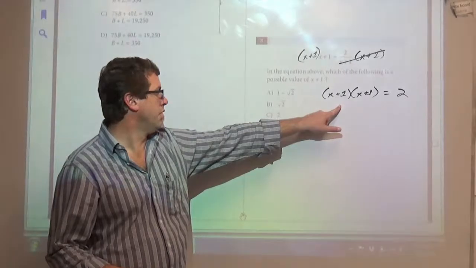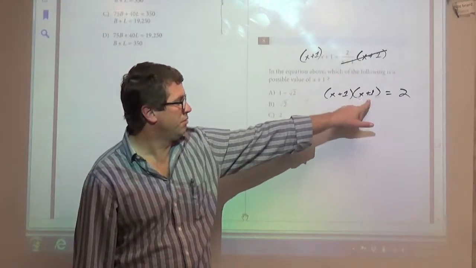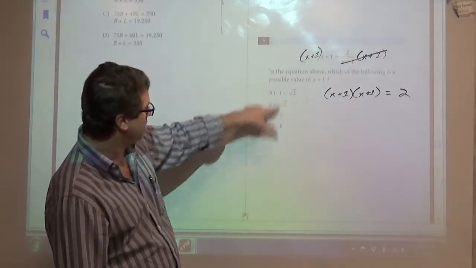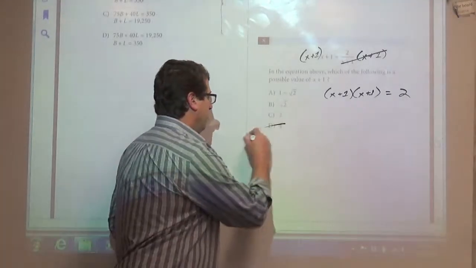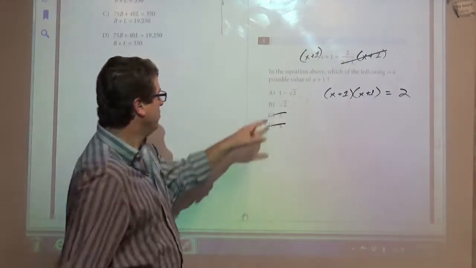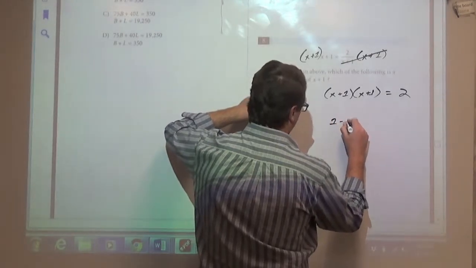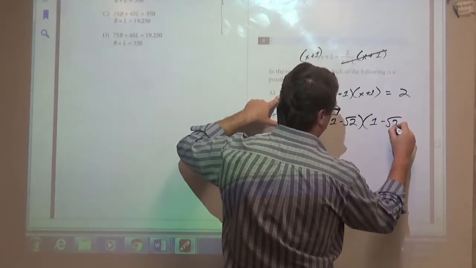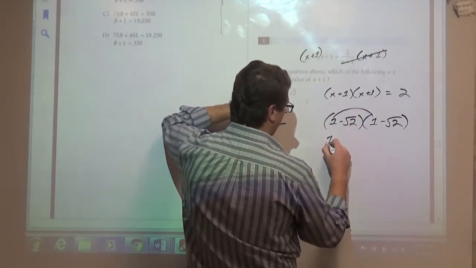What I really need to realize is that something times itself equals 2. So I need to look at these things. 4 times 4, does that give me 2? No. 2 times 2, does that give me 2? No. 1 minus square root of 2. You actually have to FOIL that, so it's going to give you something that's probably not 2. So if we do first, we get 1.